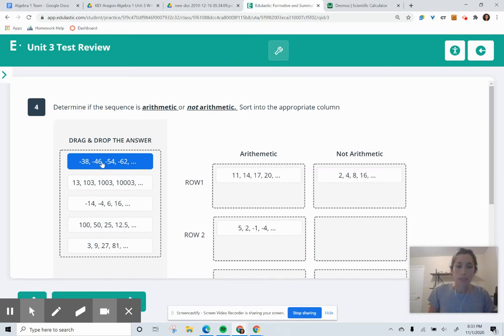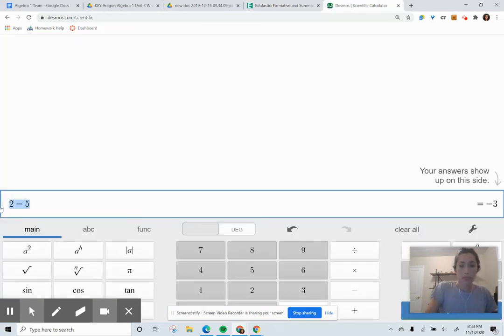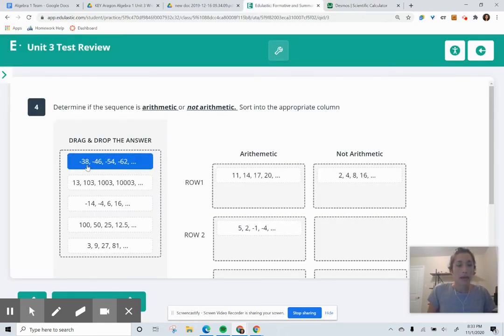We've got negative 38, then negative 46. So I always take a number and subtract the number in front of it. Negative 46 minus negative 38. It looks like we're subtracting 8 each time. So if we start at negative 38, we subtract 8, we get negative 46.